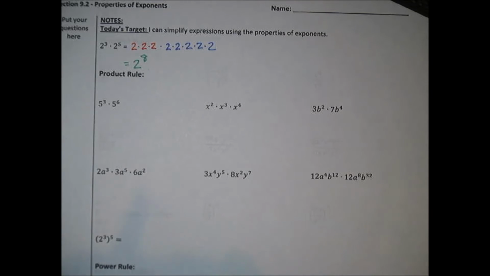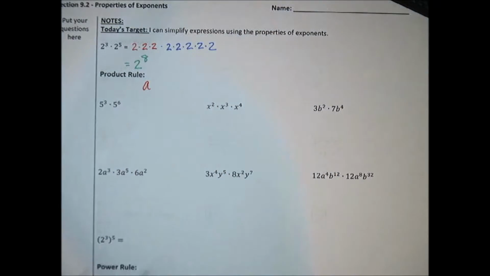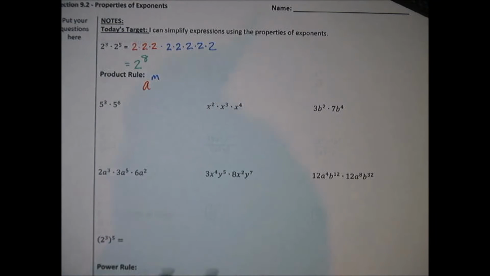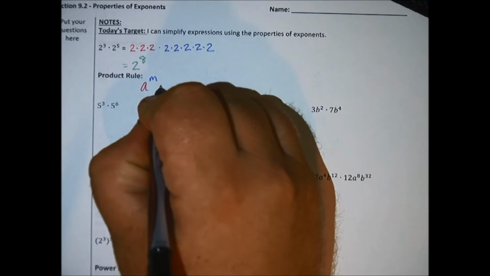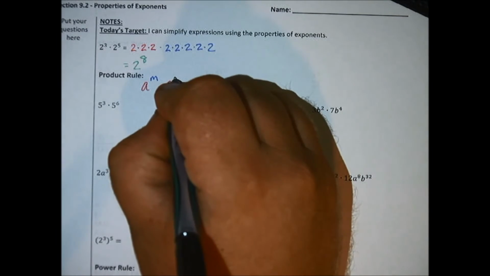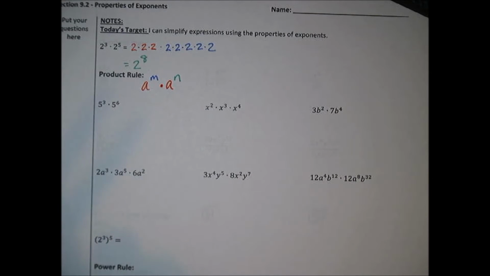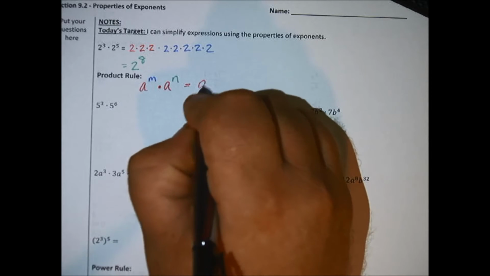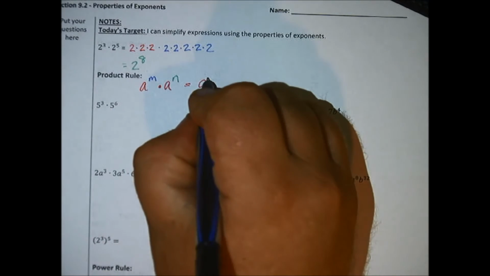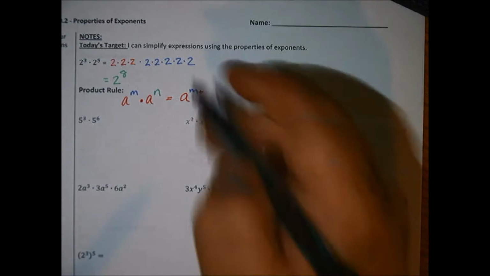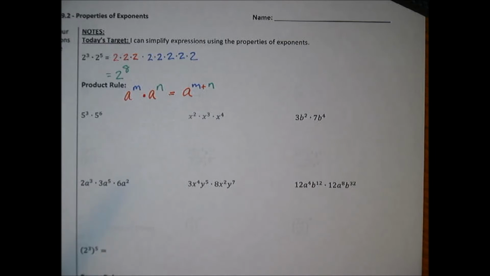If I have a problem that looks like a to the m power, we're going to be using a lot of the same letters today, and I multiply that by a to the n power, our shortcut is that we're going to get a to the m plus n power.